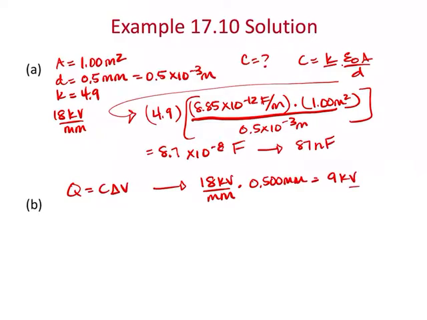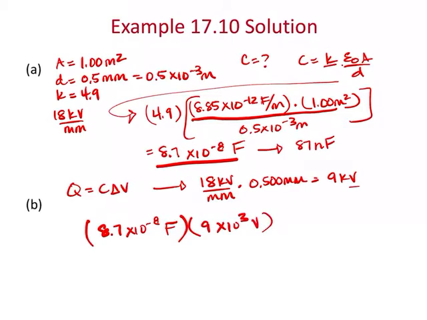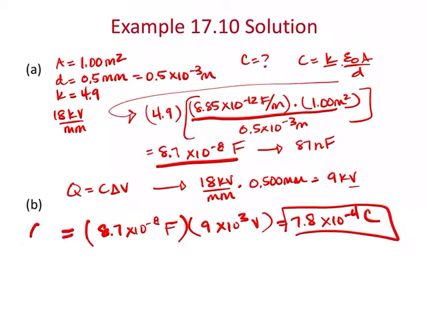Now do we have just voltage? Yes. So now we can take what we found in part A and plug it in for capacitance. We have 8.7 times 10 to the negative 8th farads multiplied by 9 times 10 to the 3rd volts, and that gives you 7.8 times 10 to the negative 4th coulombs.